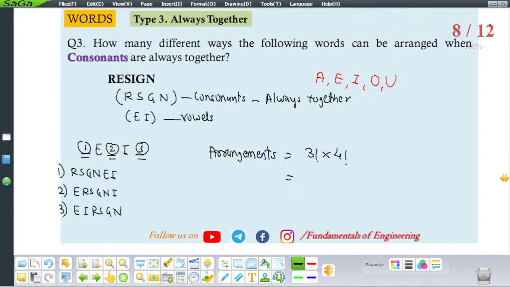You can comment in the chat box. 3 factorial into 4 factorial. So what is the answer?